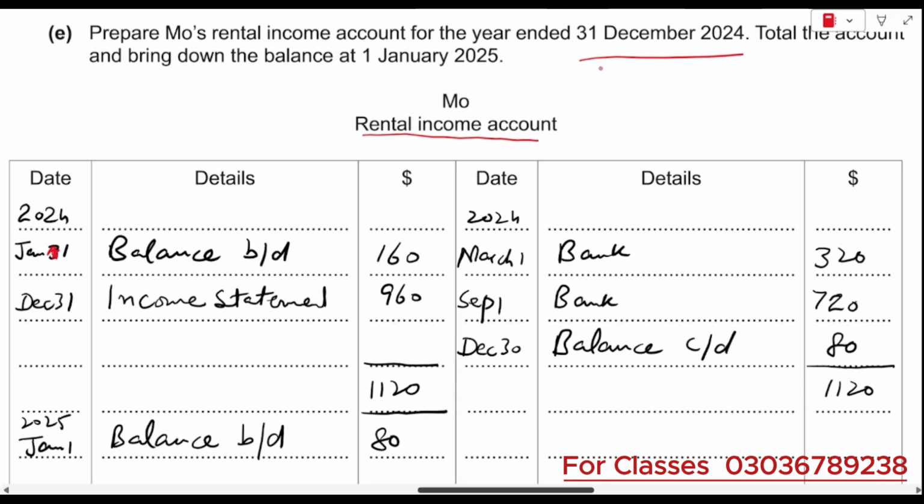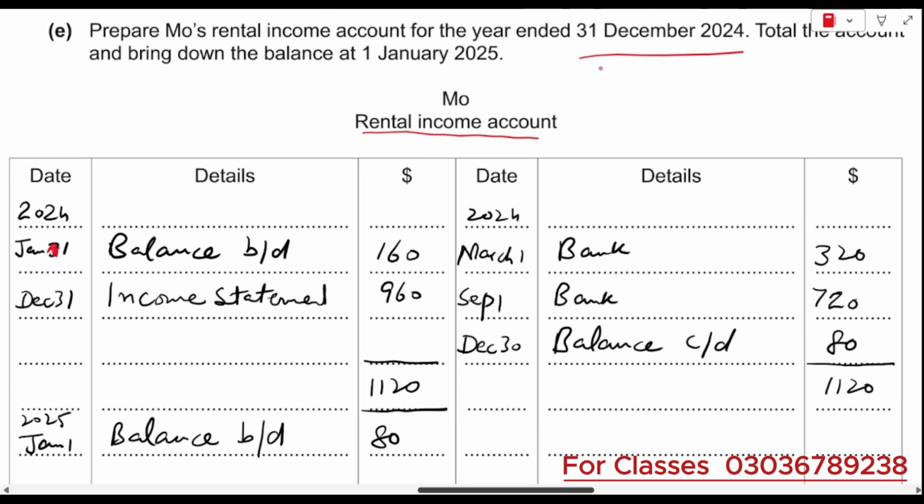Students, you should remember that if our financial year is ending on 31st December 2024 and you are asked to make an account, then you should start that account at the start of this year if this account contains some balance. Now this account contains a balance, which means Mo has to receive $160 remaining arrears, that is accrued, of the previous 2 months.